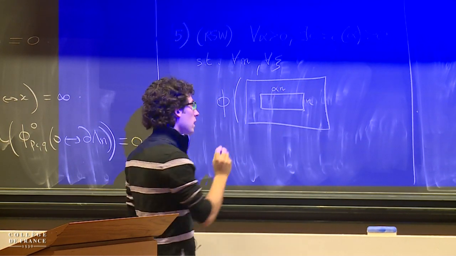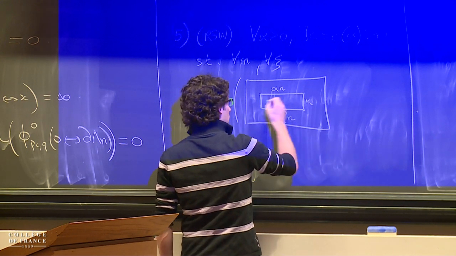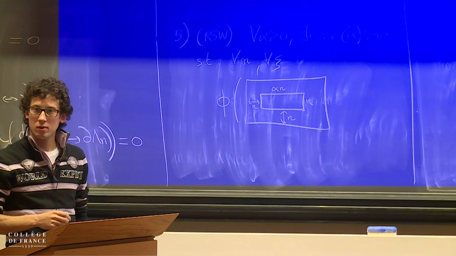Let's just say that this big box is at distance of size n from the small box.